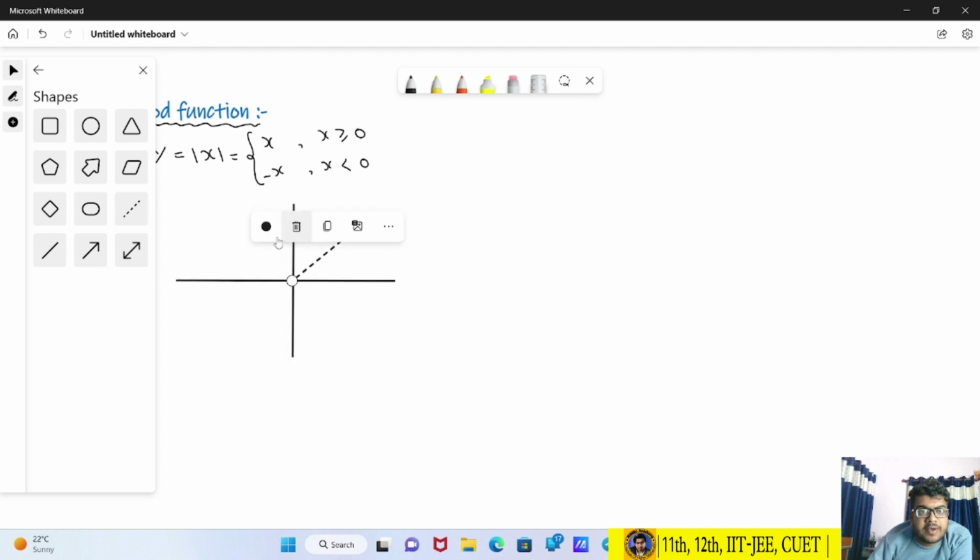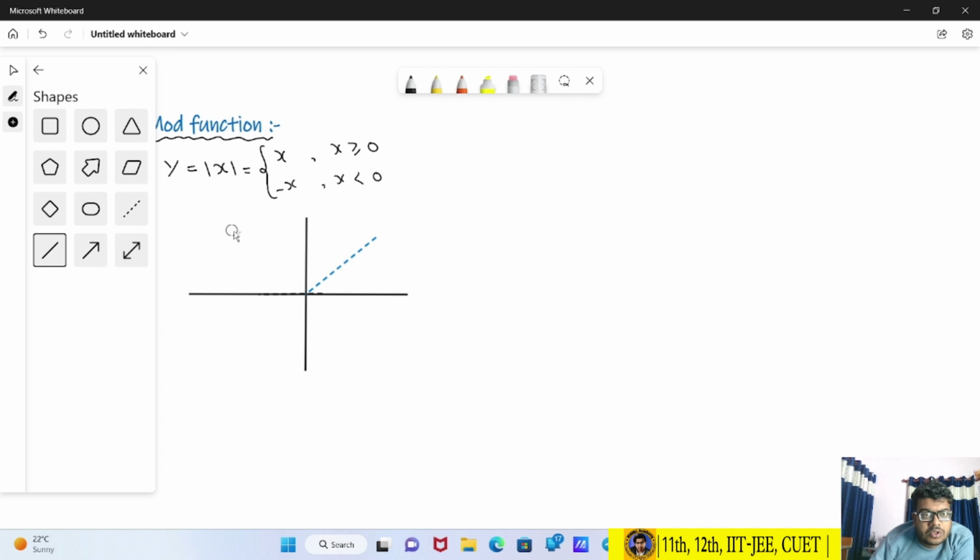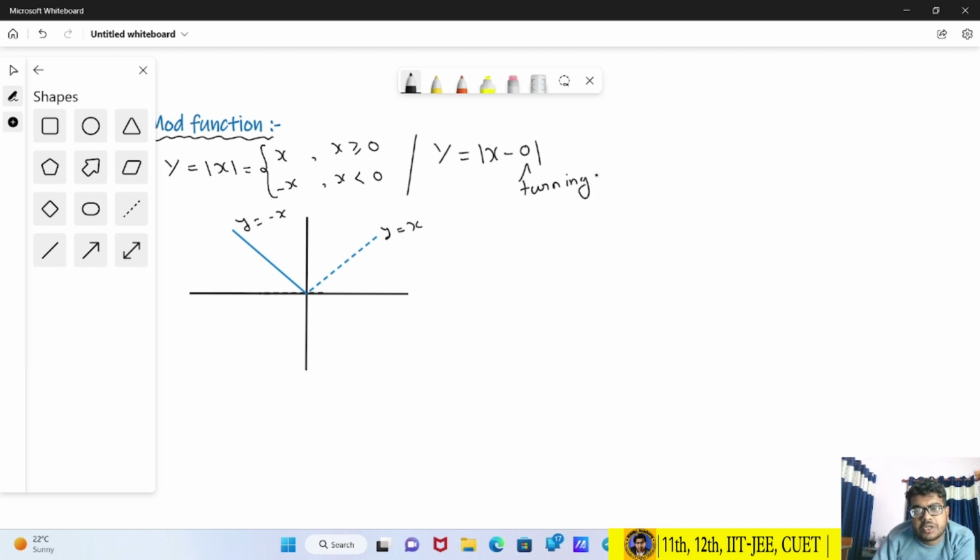This is y is equal to x, and this is y is equal to minus x. We write y is equal to mod of x minus 0. So 0 is here a turning point.